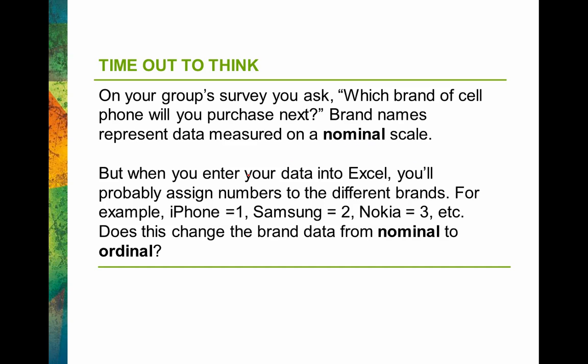When you enter your data into Excel, instead of actually putting in names like iPhone and BlackBerry, you assign numbers. So 1 would be iPhone, 2 Samsung, 3 Nokia, and so forth. My question to you is, did you now change that data? Did you change that brand name data from nominal to ordinal? Because it looks like I can order these in a meaningful way. So we'll talk about that in class. You can think that over.